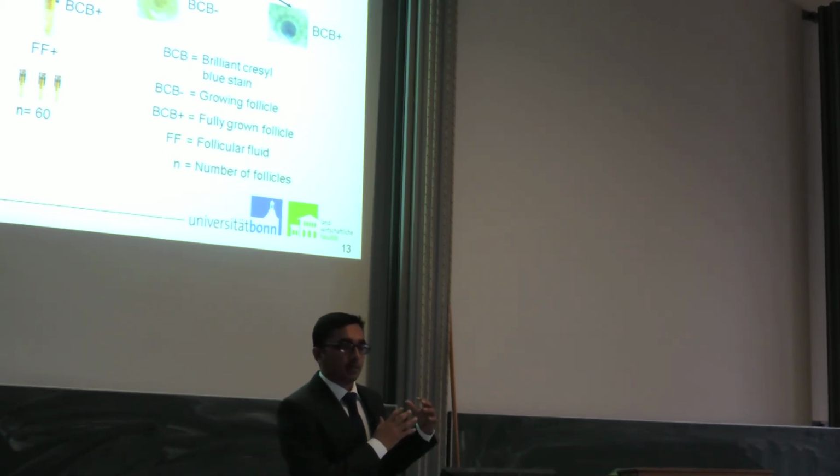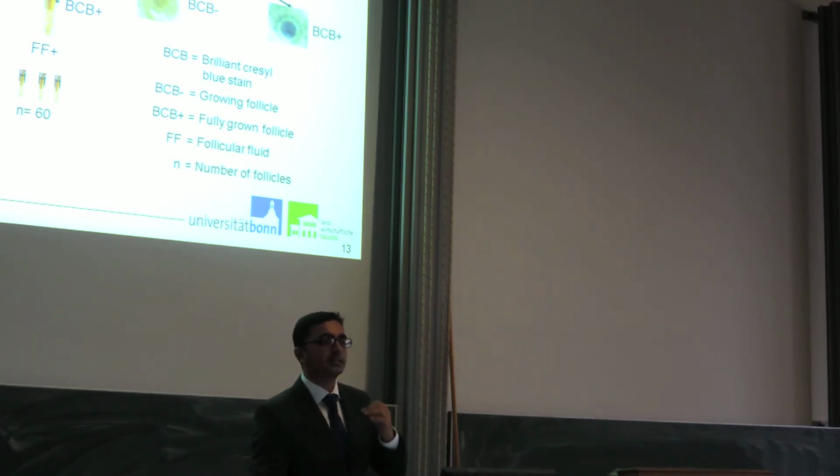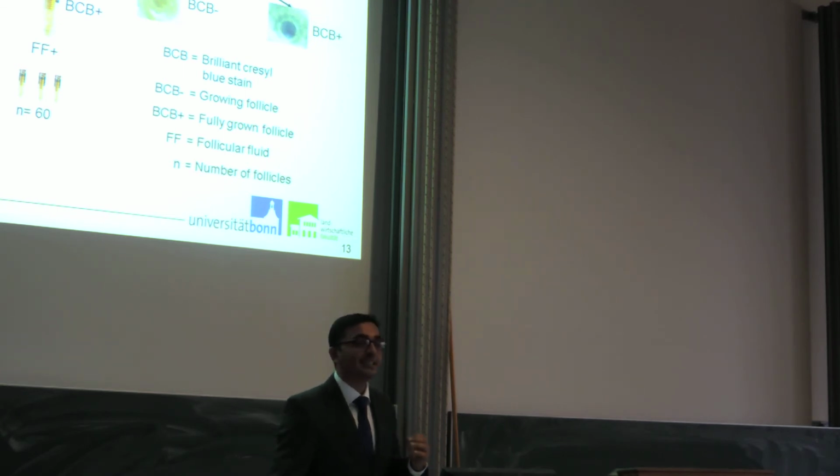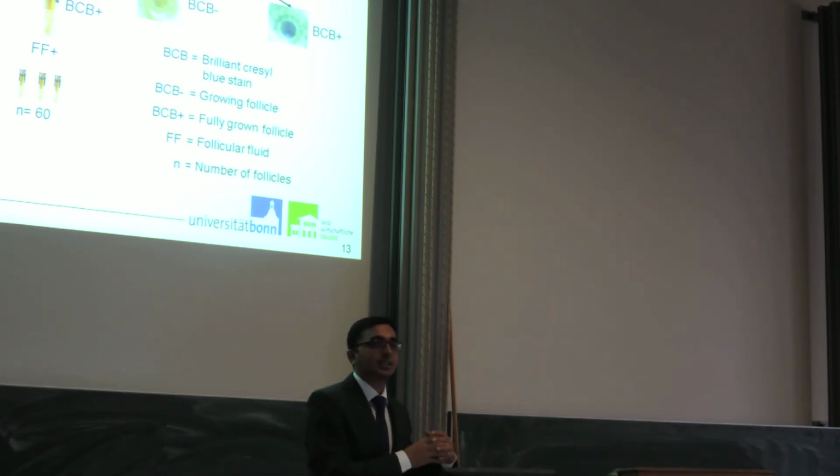According to the BCB staining of the oocyte, the follicular fluid and the surrounding cells were collected. On average, a total of 60 follicles were used in each group, where 20 follicles were used in each biological replication.